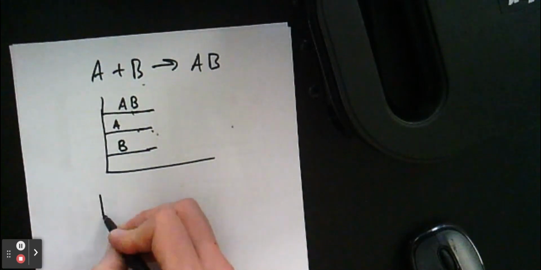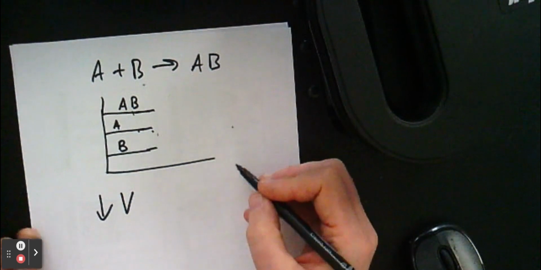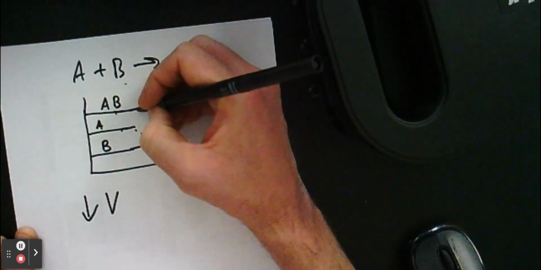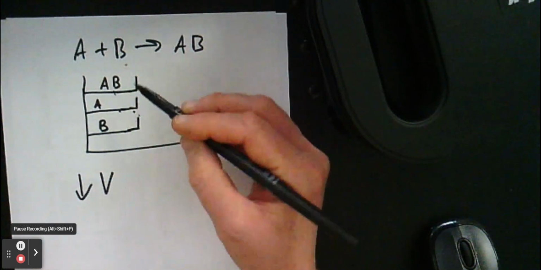All right. Let's say I decrease the volume. What's going to happen to all these concentrations? They're going to increase. And what is it going to do as a result? It's going to reestablish equilibrium.